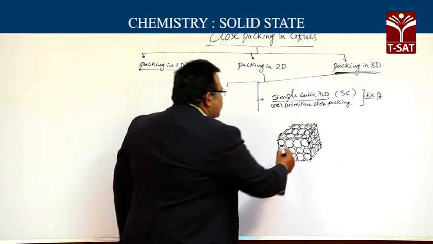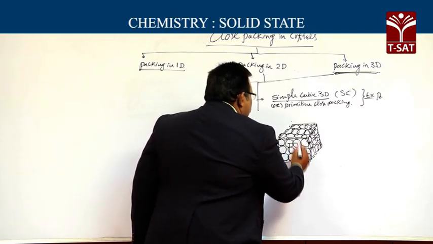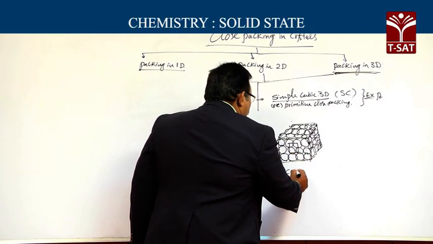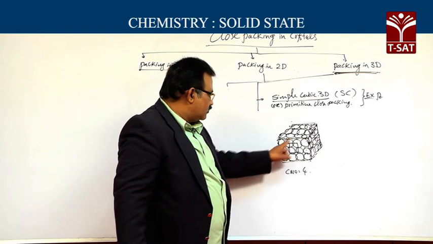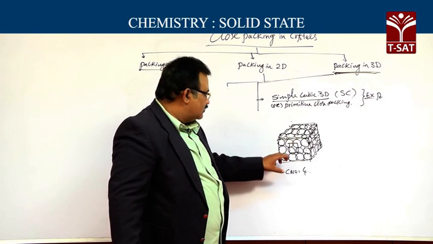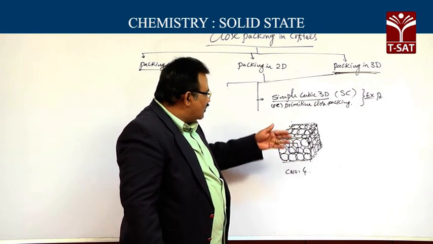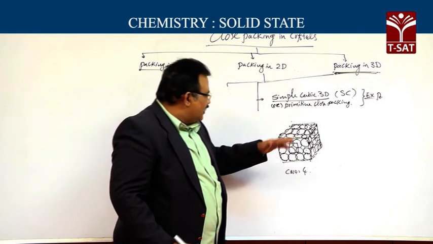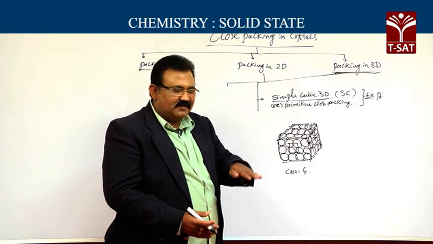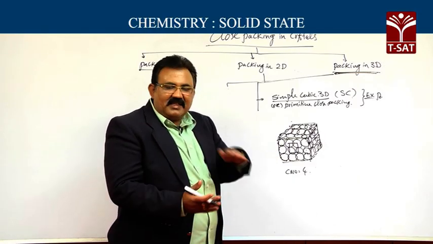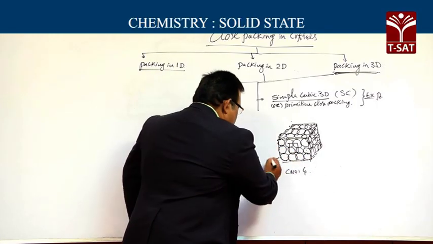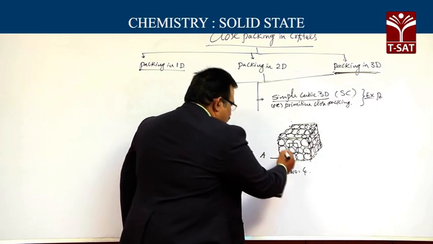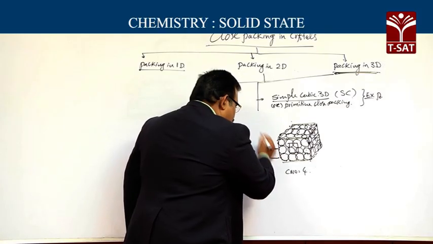Here the coordination number is 4 because 4 spheres are very close in the crystal. The simple cubic 3-dimensional structure is nothing but different layers of spheres. Say this is A layer and this is the same A layer.